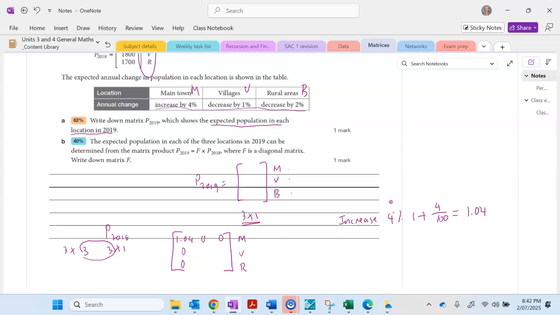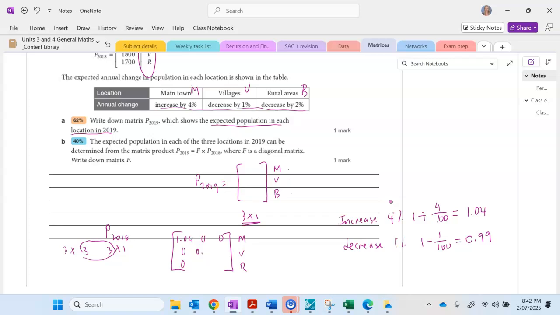The 1.04 only applies to M. Then for villages, we want to decrease by 1%. Because we're decreasing this time we're minusing 1 over 100, so we get 0.99.